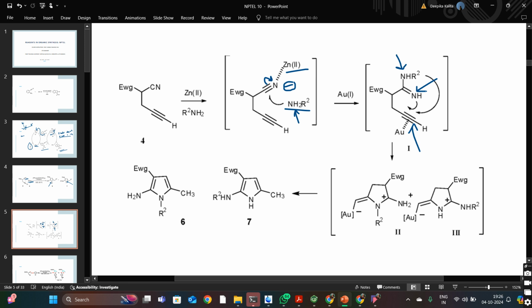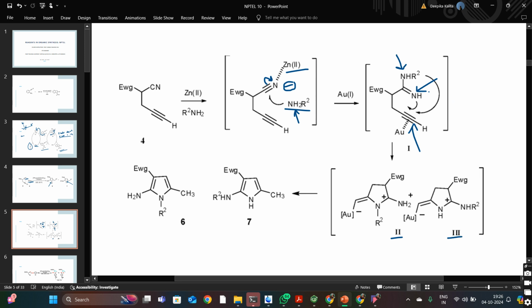So you have two different possibilities of getting intramolecular cyclization. Okay, so you just have to simply cyclize by attacking the carbocation using either amine or imine, and this is how you are going to get two different carbocations 2 and 3.